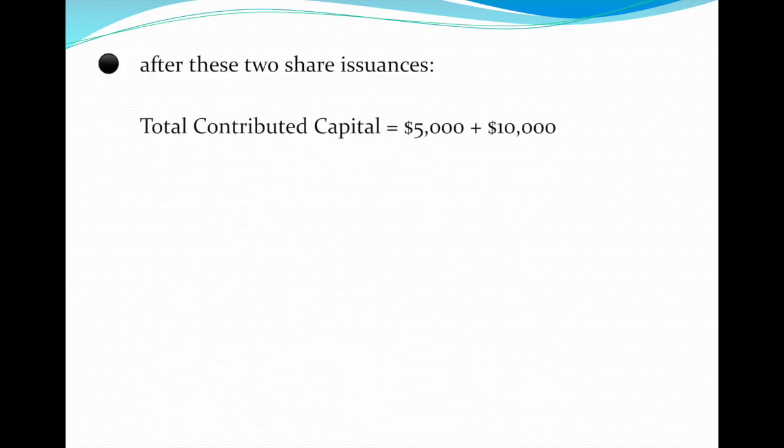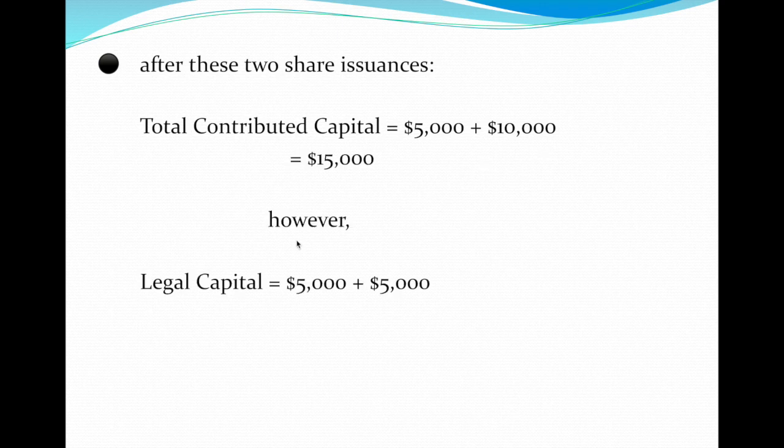Now, after these two share issuances, we have total contributed capital of $15,000. 5,000 from the original issuance of shares where they sold at their stated value, and then 10,000 from when the shares were issued at a value higher than their stated value. Now, the thing to remember is that legal capital consists of what the common share value is.